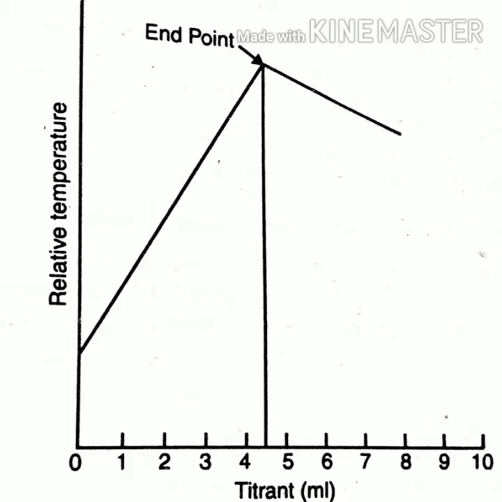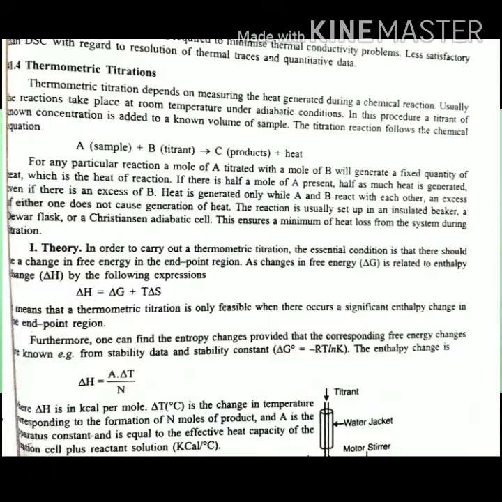Thermometric titrations mainly evaluate the thermodynamic parameters del H, del G, del S of the reactions. The essential condition is a change in free energy in the endpoint region. The change in free energy, del G, is related to the enthalpy change del H by del H is equal to del G plus T del S.